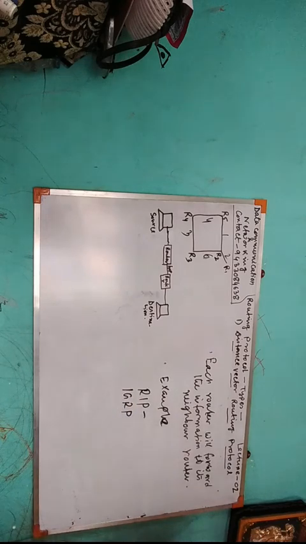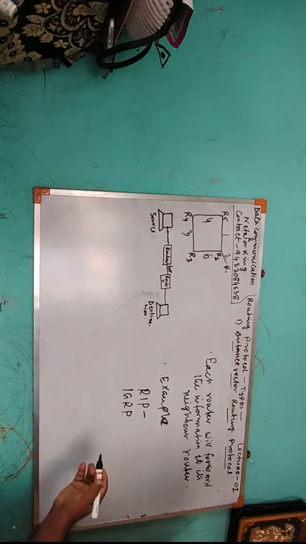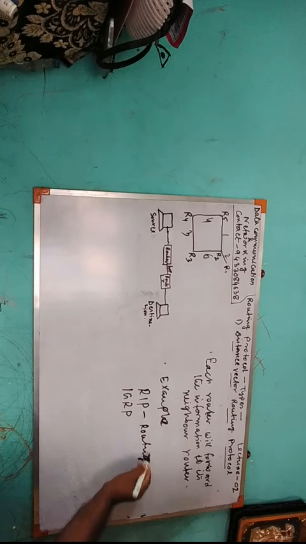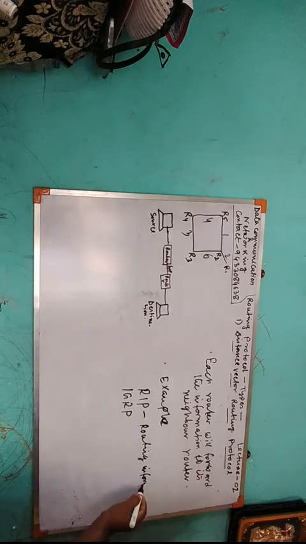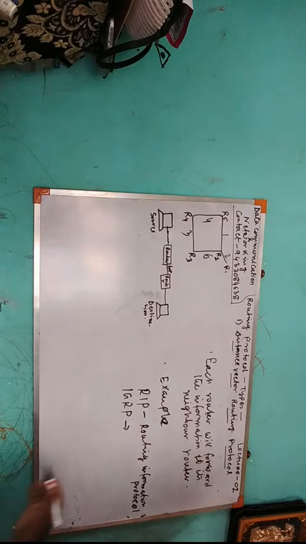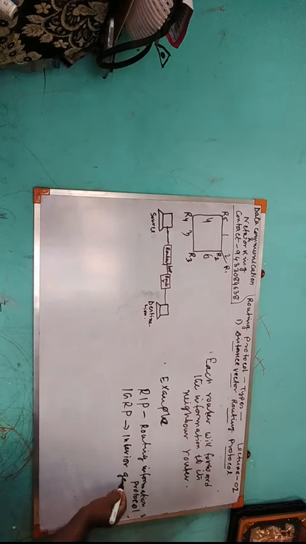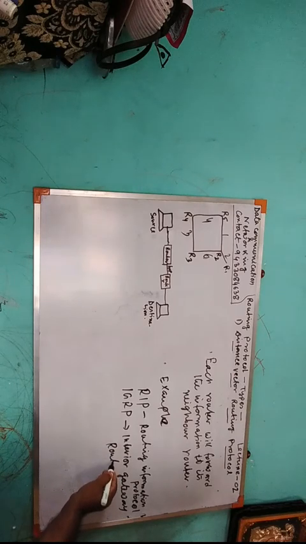RIP means Routing Information Protocol, and the other is IGRP, which means Interior Gateway Routing Protocol.